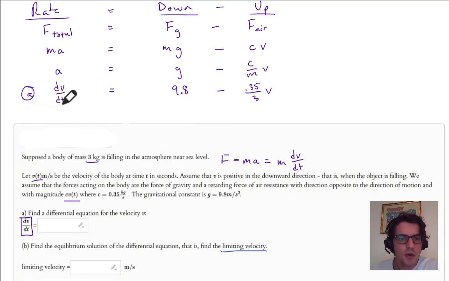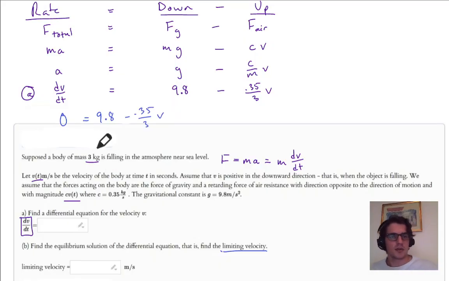So we can set dv/dt equal to 0, 9.8 minus 0.35 over 3 v, and just solve for v. I'm going to do this on the calculator. Negative 9.8 times negative 3 divided by 0.35. So we end up getting 84 equals v. So our terminal velocity would be 84 meters per second.